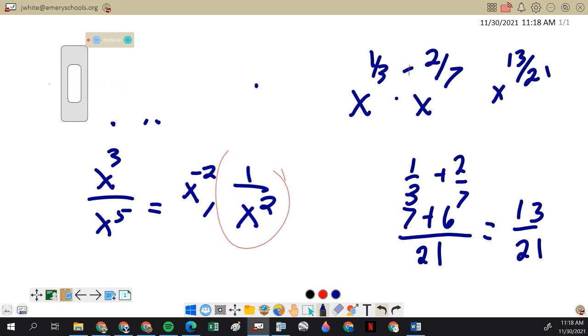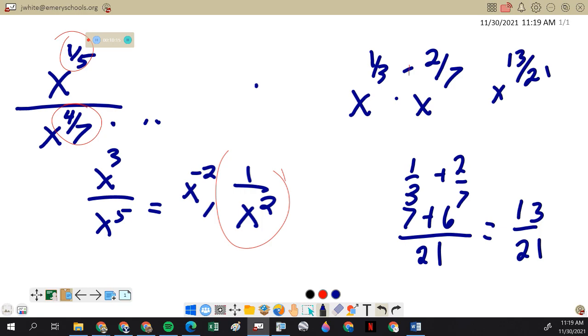Similarly, if I had x to the 1/5 divided by x to the 4/7. Am I going to subtract top to bottom or bottom to top? Which one's bigger? Which of the exponents is bigger? The bottom is bigger, so we want our answer to land on the bottom.